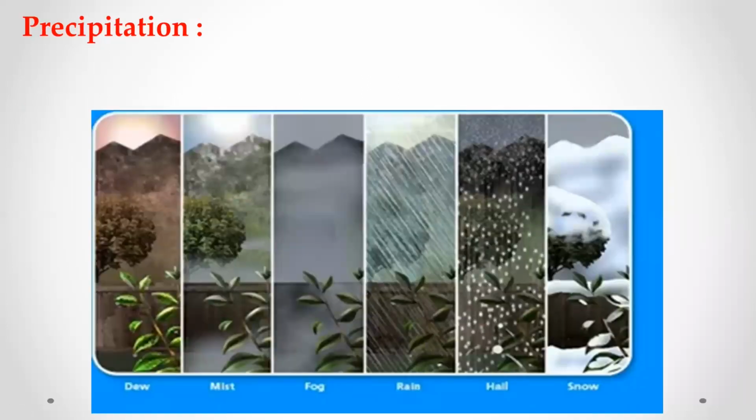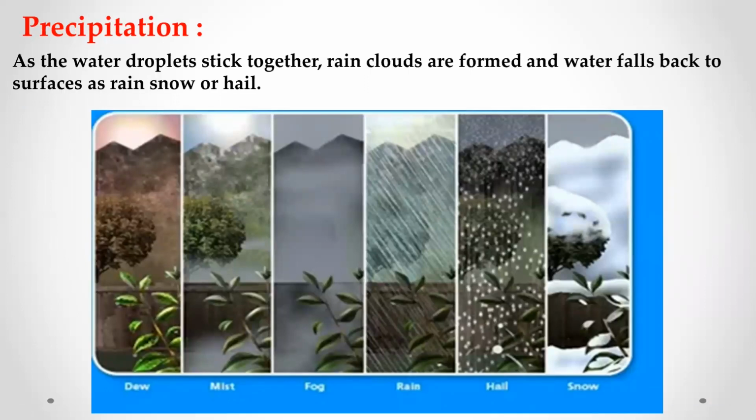Precipitation is when the water droplets stick together. Rain clouds are formed, and water falls back to the surface as rain, snow, or hail. There are some other forms of precipitation given as fog, mist, dew. These are the other three forms.